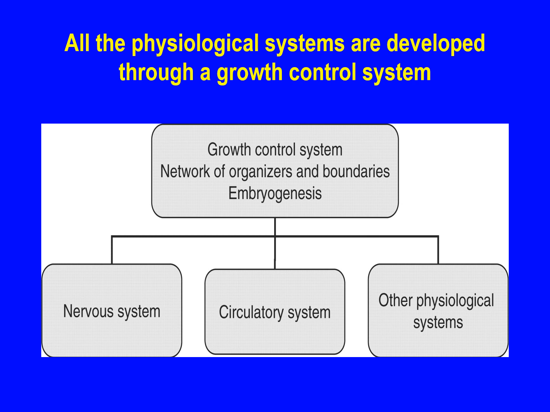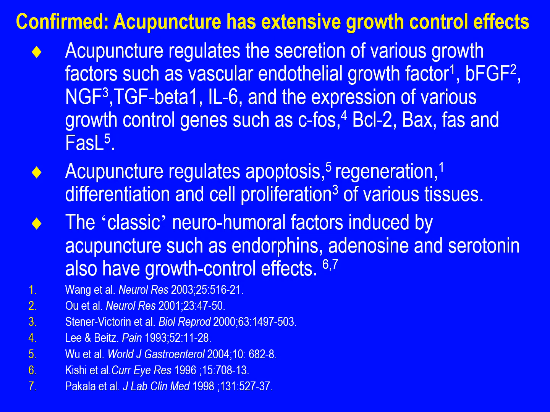during embryogenesis. So one obvious corollary from the organizer model of acupuncture is that acupuncture should have extensive growth control effects. And indeed, this has been confirmed by many research groups.